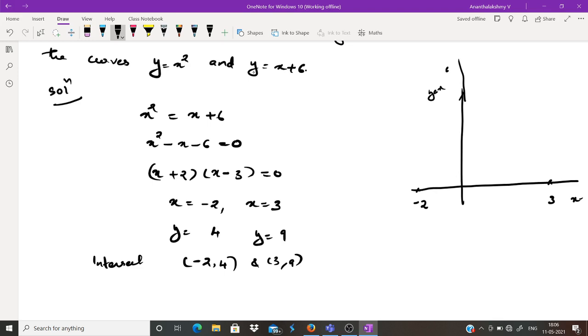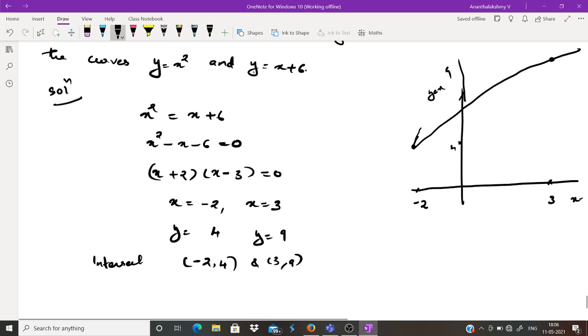At x equal to 3, y equal to 9 is this point, and at minus 2, y equal to 4 is this point. It is enough to have 2 points for drawing a straight line. I'm not getting a perfect straight line. Okay, adjust it.